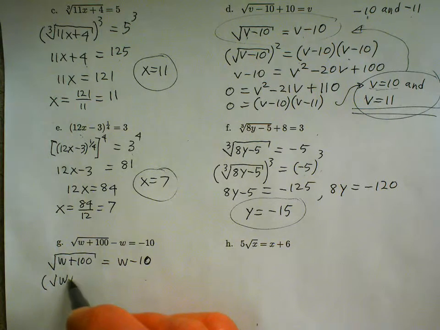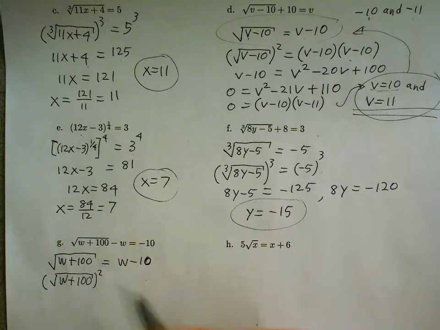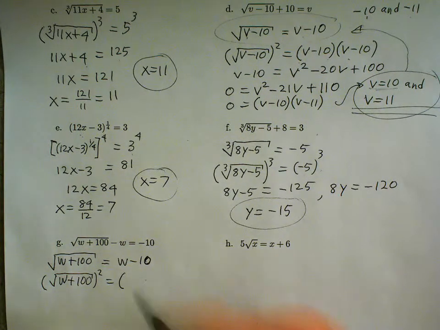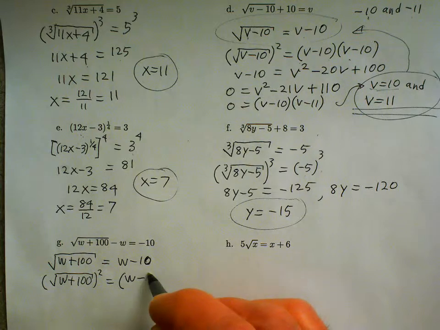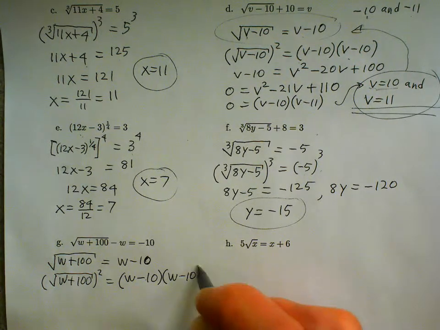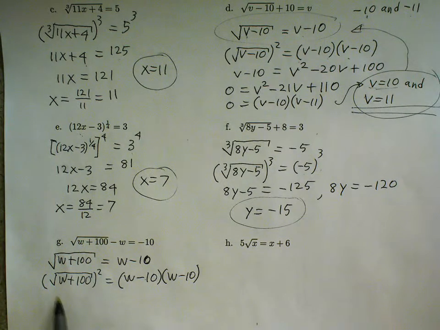Square the square root of w plus 100. And when we square w minus 10, that means multiply w minus 10 times w minus 10. On the left-hand side, when we square the square root of w plus 100, we get w plus 100.